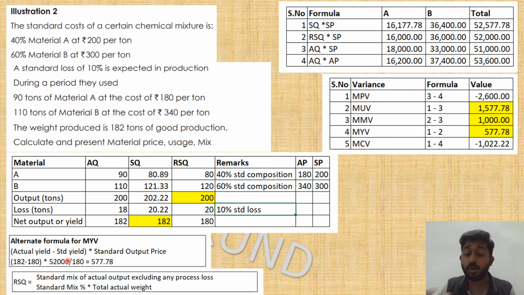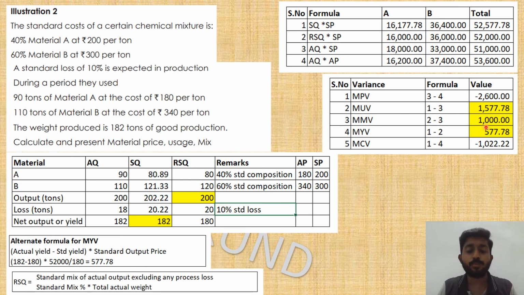So 52,000 is the total cost for producing this 180 output. So 52,000 divided by 180 is the standard output price. That is, the cost of the output divided by the number of units or yield of output that is generated is the standard output price. Now if you divide, it comes to 577.78, and it is also tallying with 577.78.